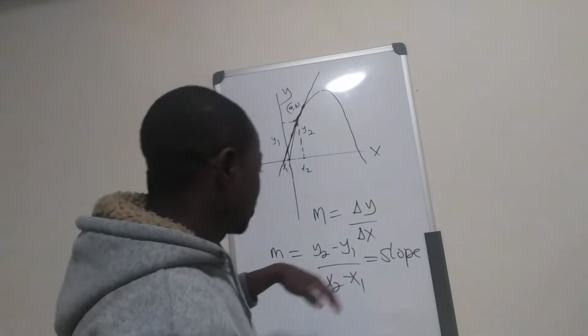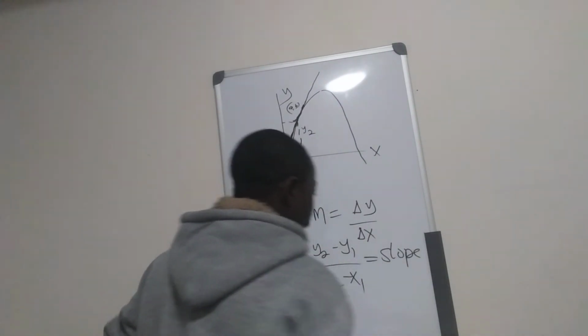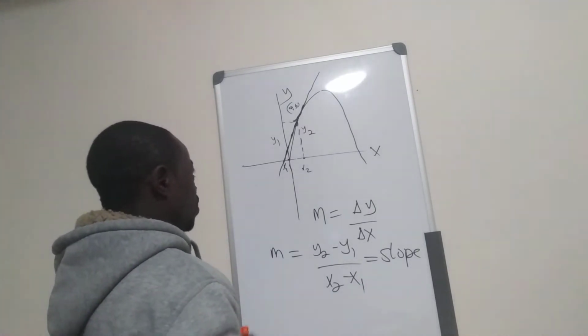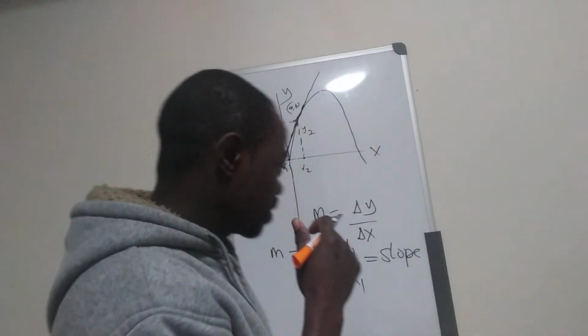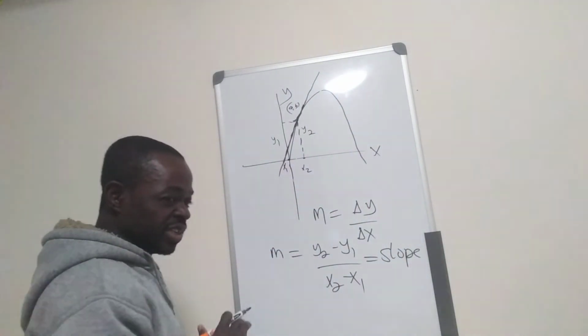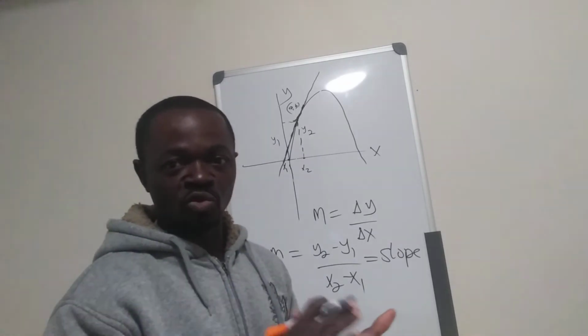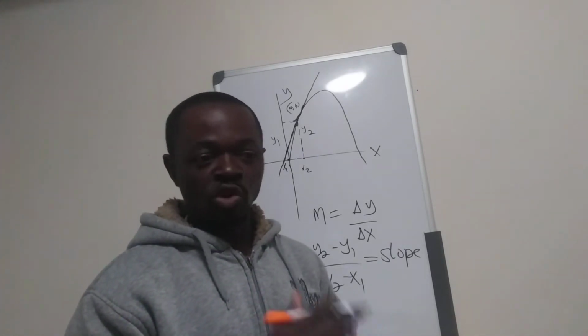The slope of the tangent or the gradient of the tangent is what we call a derivative. It is the change in y over the change in x. So that is what we call the derivative.